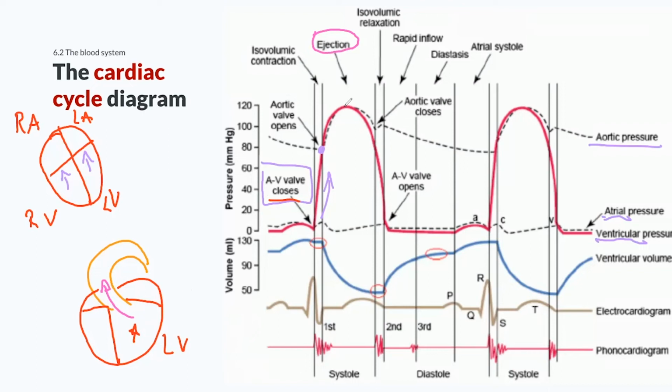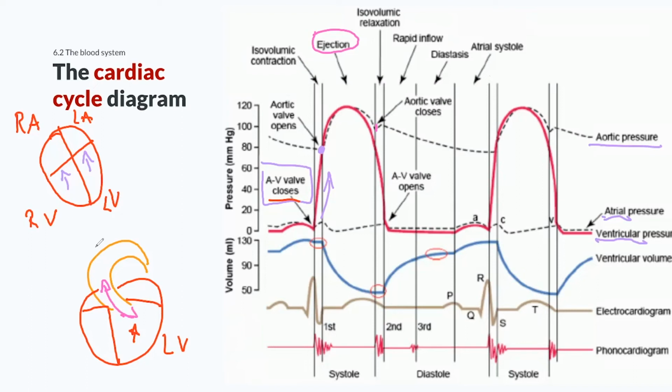And then the pressure starts to decrease. The volume here is not that great anymore. You're squeezing the blood out, and the aortic pressure is greater than the ventricular pressure. At this moment, you have the blood wanting to go back into the ventricle, because remember, the aorta is an artery.